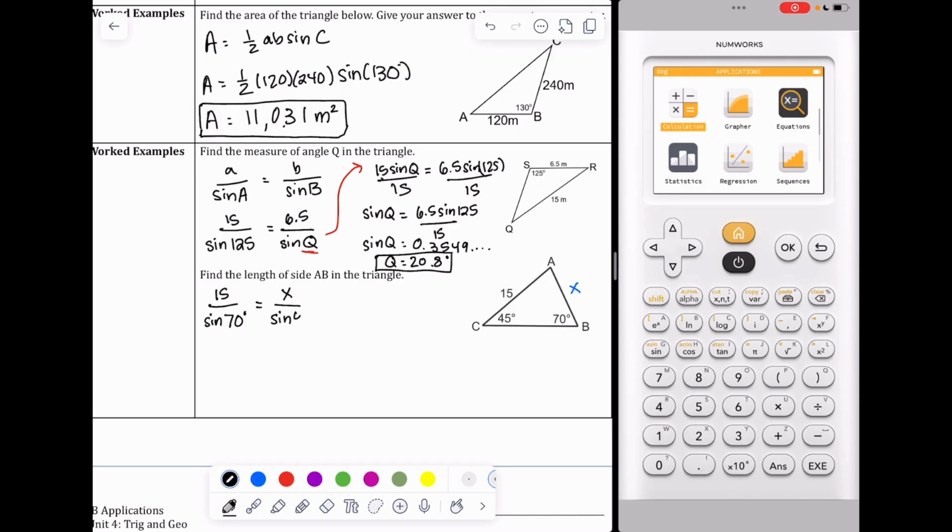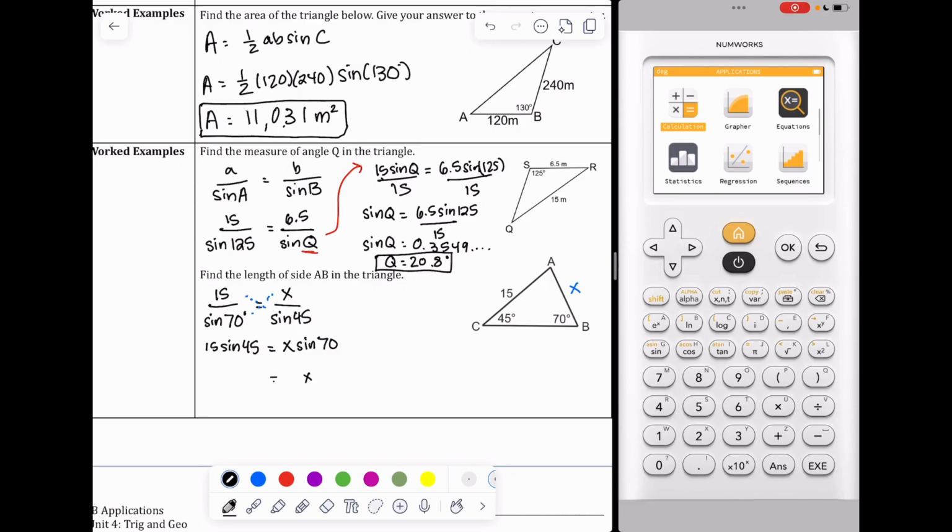Again, I can cross multiply these and I end up with 15 sine of 45 equals x sine 70, and then I will divide each side by sine 70.